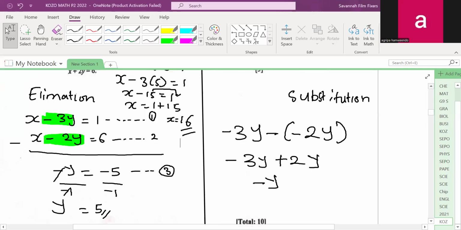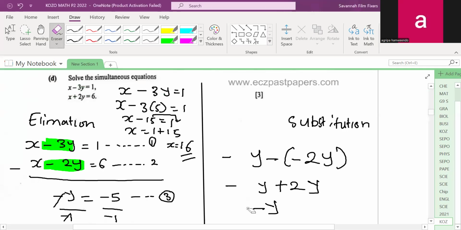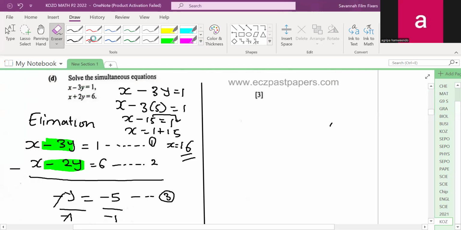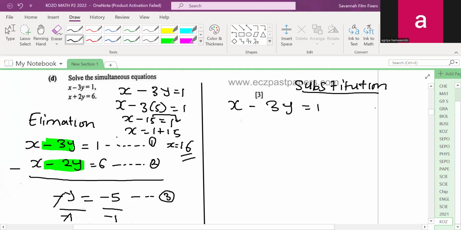So what if we used the substitution method? Let's try using substitution. Again, we still have the same two equations. Equation 1, which is x minus 3y is equal to 1, and then equation 2, which is x minus 2y is equal to 6.